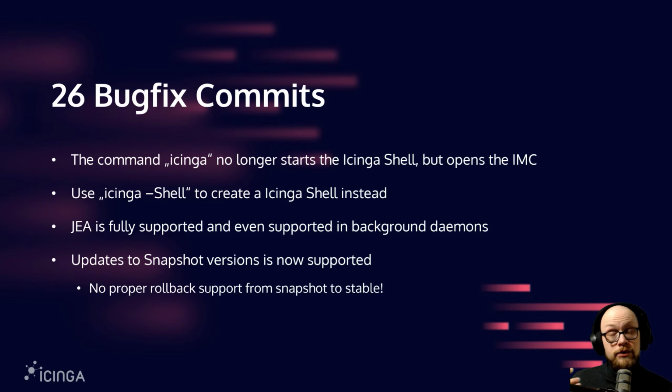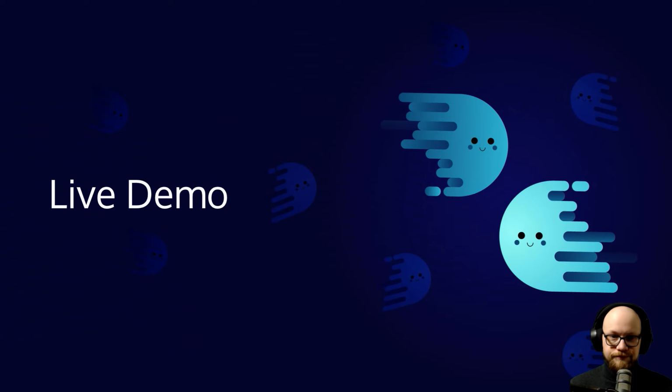So keep that in mind, use it with caution, because you could end up with certain problems there. But upgrading from Snapshot to the next stable, for example, so installing the Snapshot for 1.8.0 and then the stable release for 1.8.0, that's still fine.